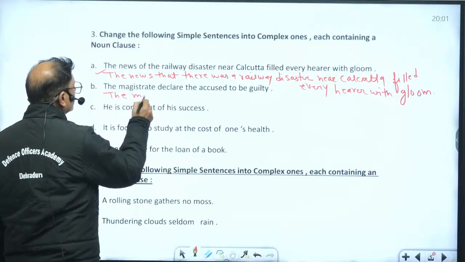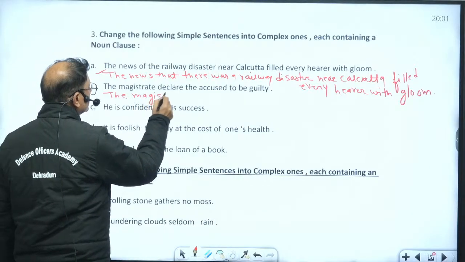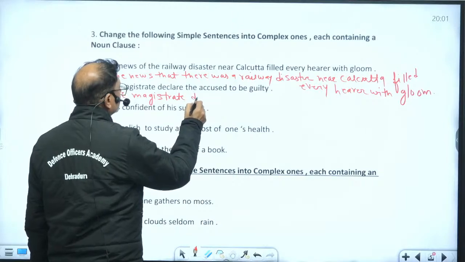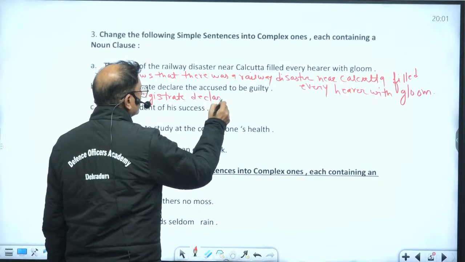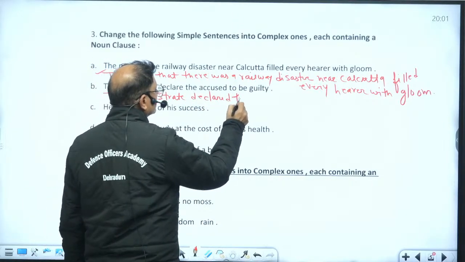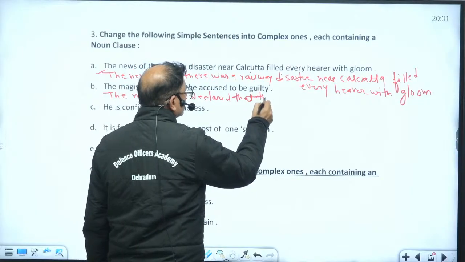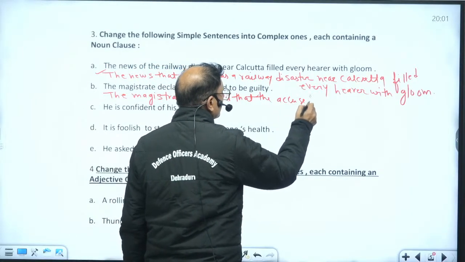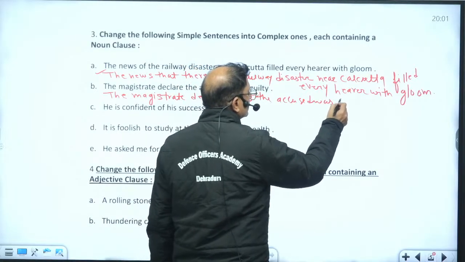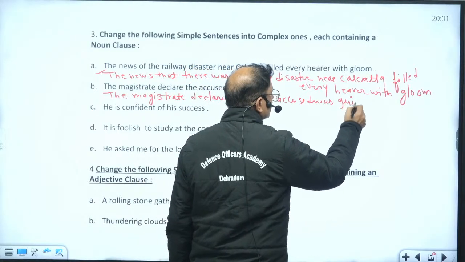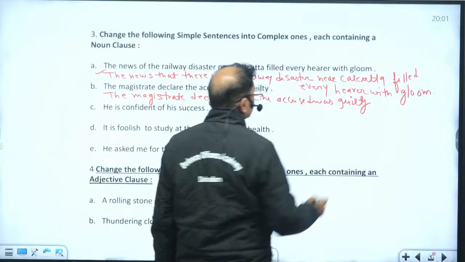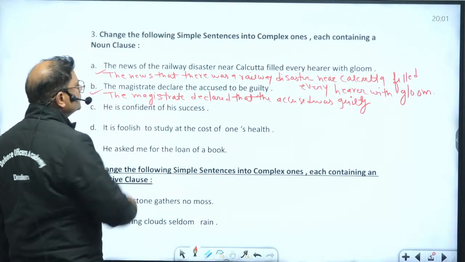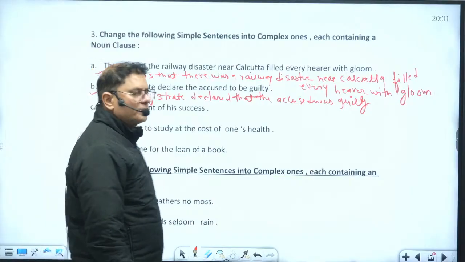The magistrate declared that the accused was guilty. So this is the way to change it into a complex one.